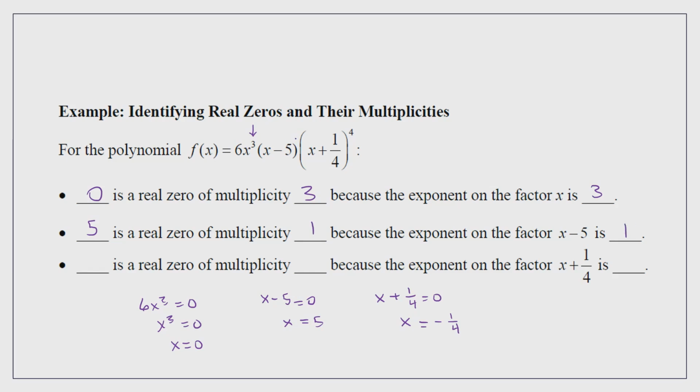We don't necessarily write a 1 there, but there is a 1 there because x minus 5 is 1 factor. And then negative 1/4 is a real zero of multiplicity 4, because the exponent on the factor x plus 1/4 is 4.